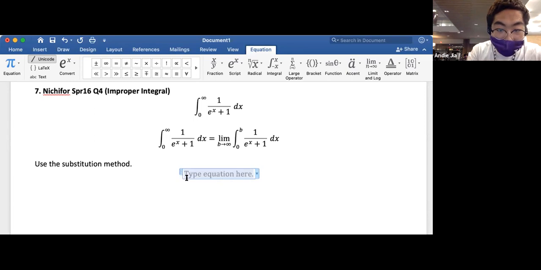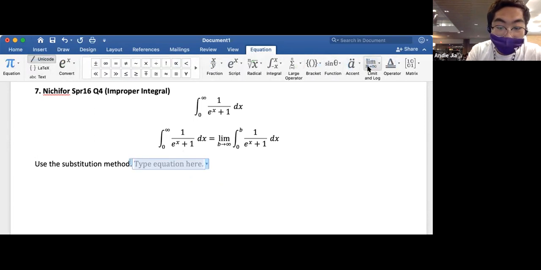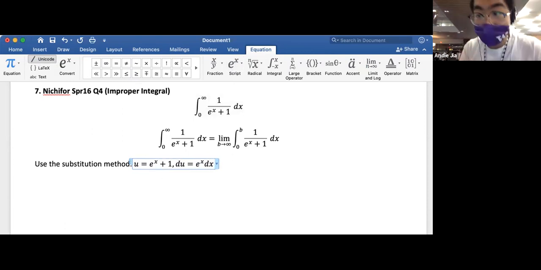U equals e to the x plus 1. du is e to the x dx, which equals u minus 1 dx, because e to the x is u minus 1.